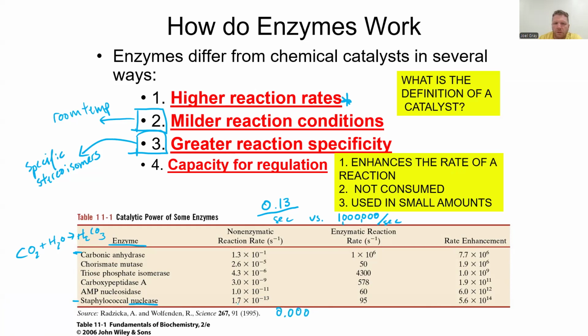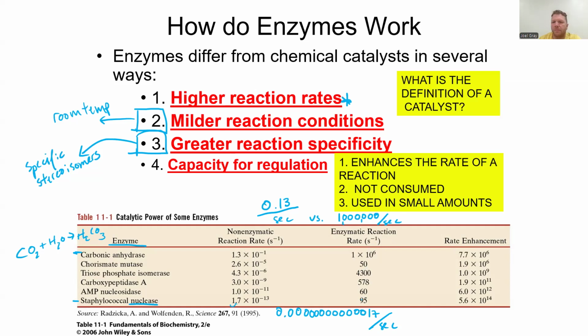I've got a total of 12 zeros. This many times per second. So for this reaction to be completed one time, it's going to be a long time. It's going to be billions of seconds. I think that would be about right.